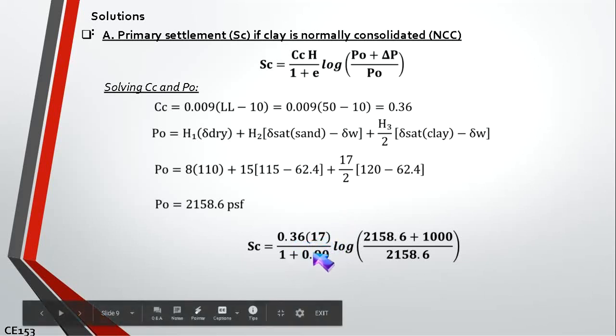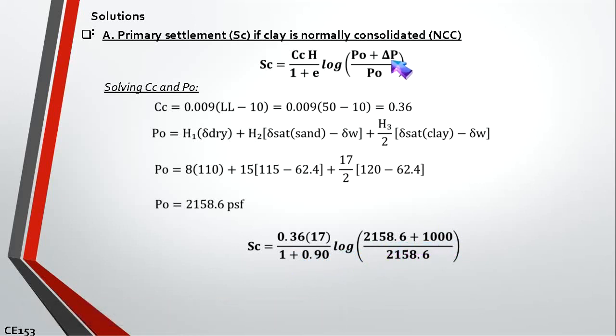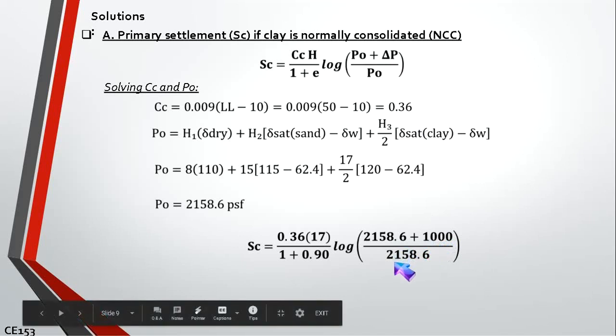0.36 times 17 over 1 plus 0.9 log of 2,158.6 plus 1,000, yun yung ating delta P, divide by the 2,158.6.